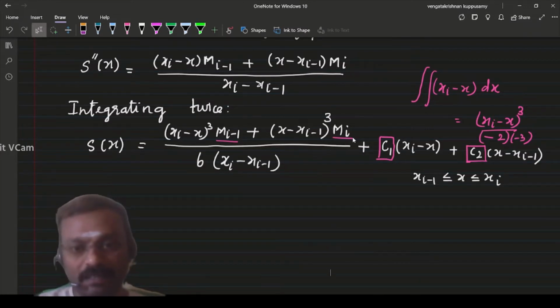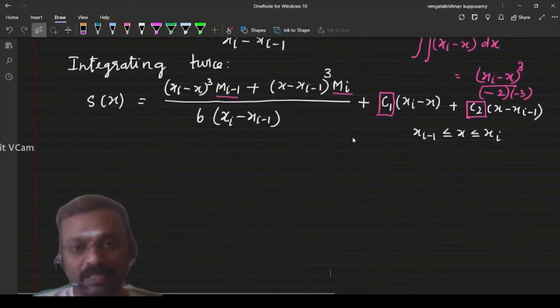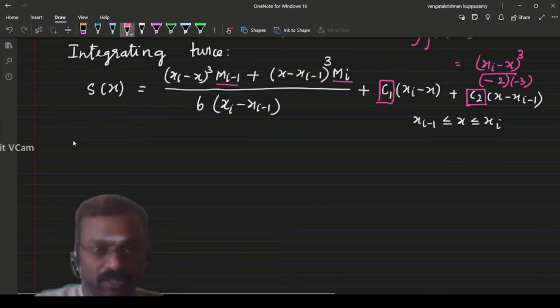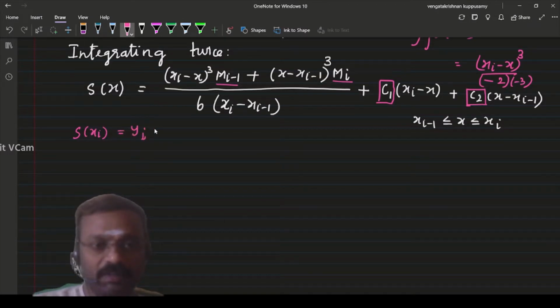To find the constants, arbitrary constants C1 and C2, we can apply the initial conditions. We know that S of x_i is y_i.